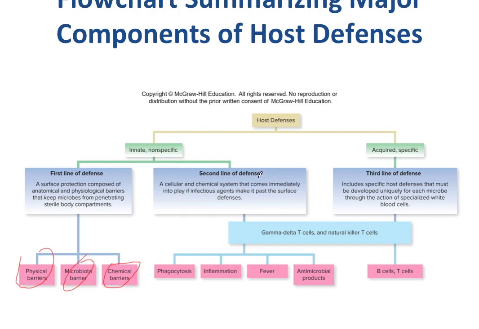The second line includes phagocytosis, inflammation, fevers, and antimicrobial products, all of which are not specific. The third line is immune cells like B cells and T cells.